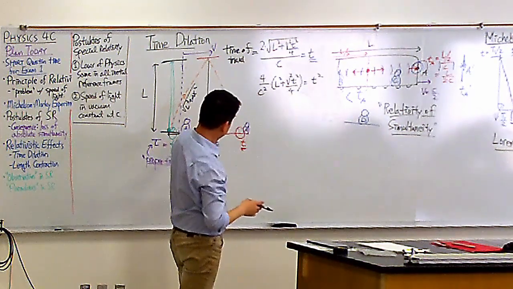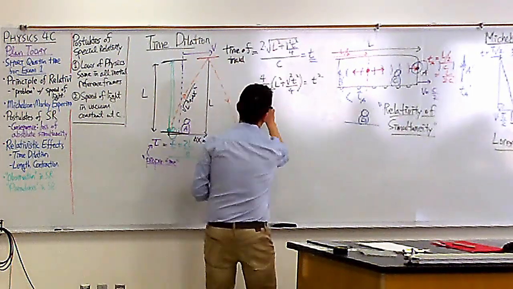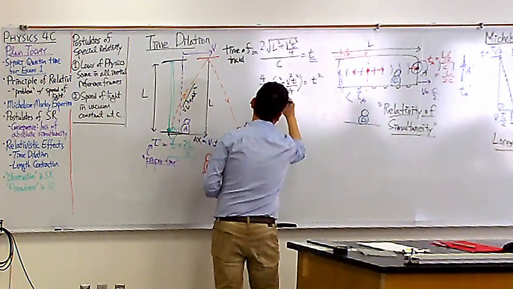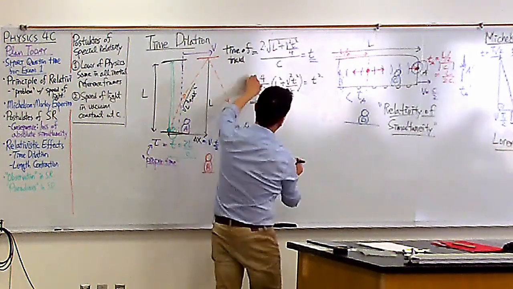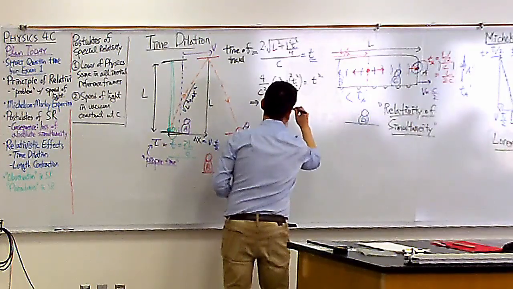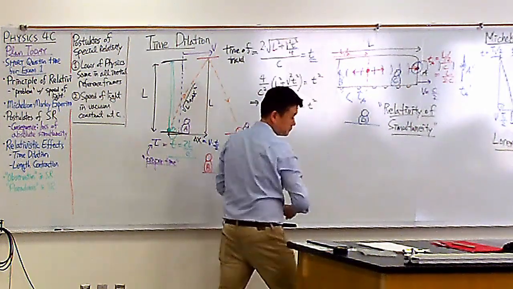Collect like terms. Let me go step by step. Distribute this. So you have 4L squared over c squared plus, 4's cancel, so I have v squared over c squared times t squared is equal to t squared.